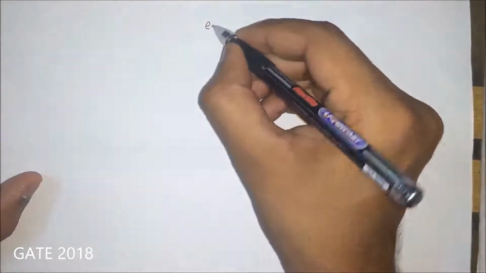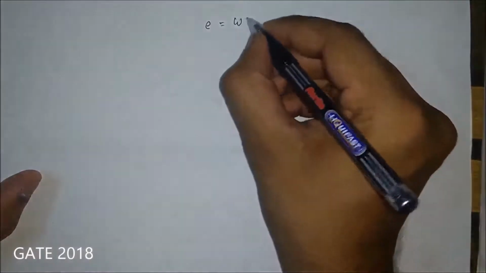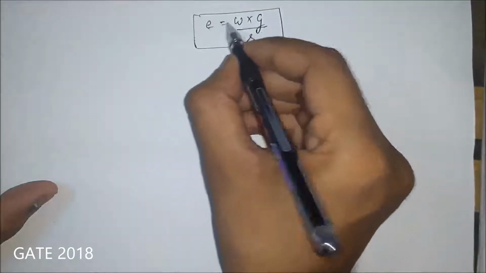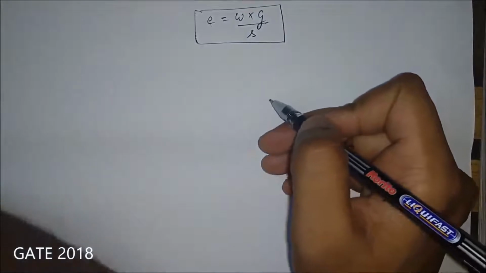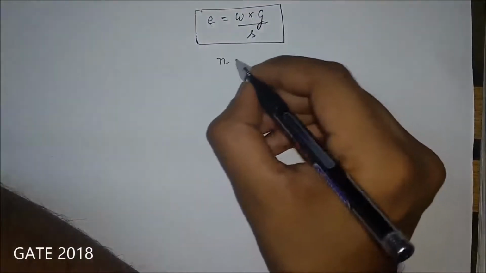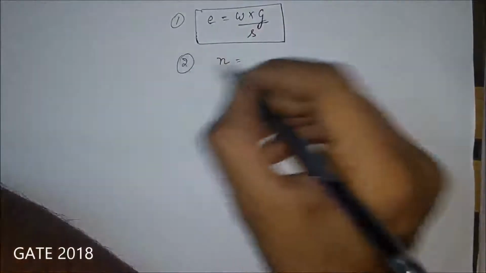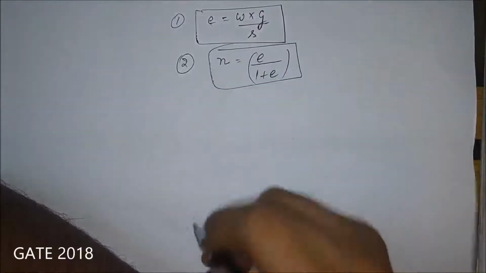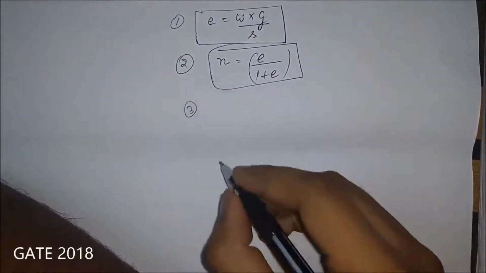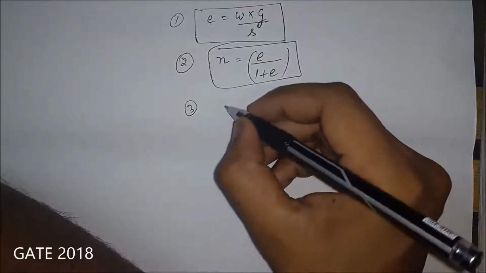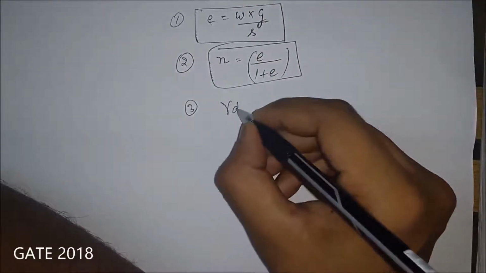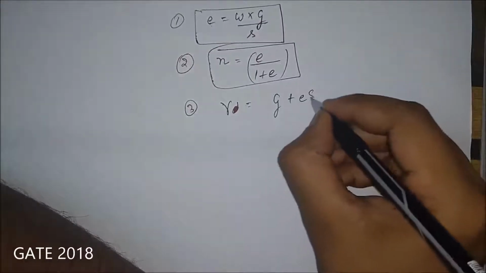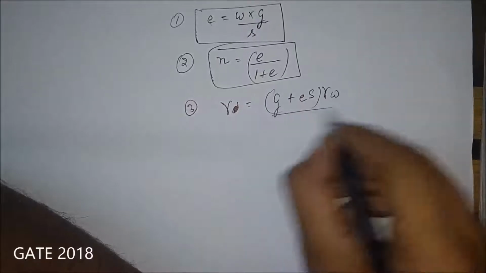First will be e equals w into G by S. Secondly, porosity equals void ratio by 1 plus void ratio. Thirdly, gamma, that is unit weight, is (G plus eS) into gamma w by (1 plus w).